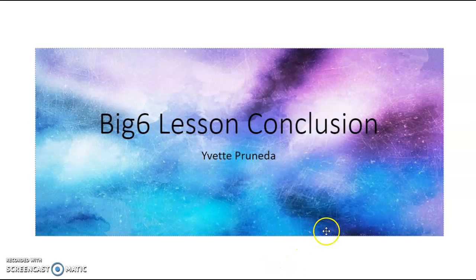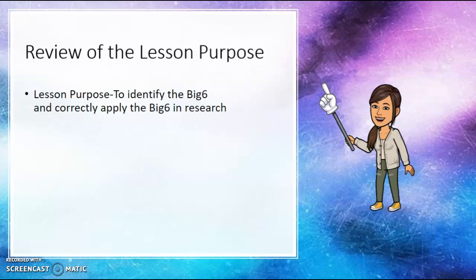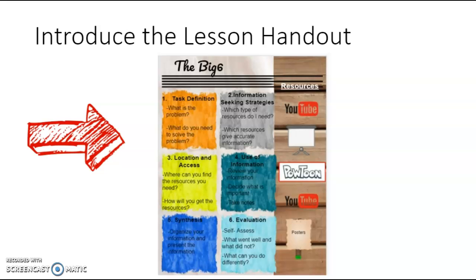Here is my Big Six lesson conclusion. So the review of the lesson is to identify the Big Six and correctly apply the Big Six in research. Here is a handout I'm going to have for you, and the handout gives all the 6 steps here, and it tells you a little bit about them.